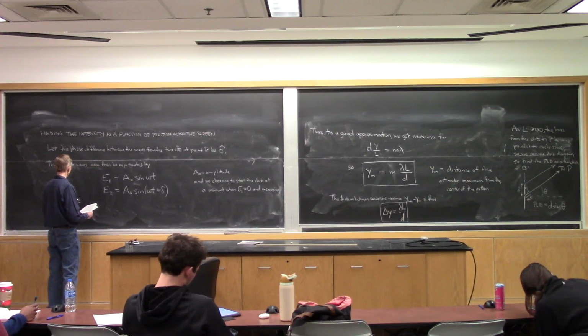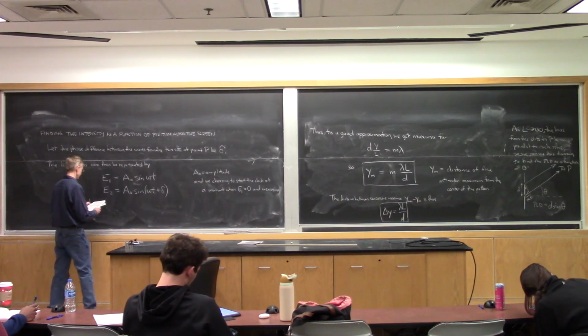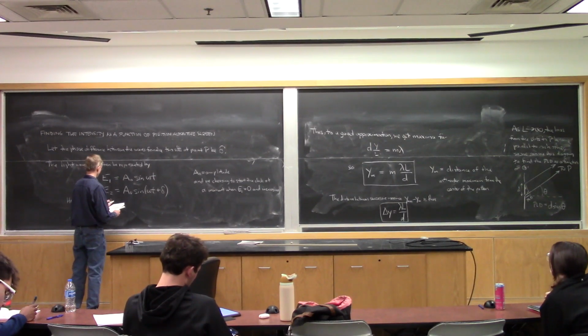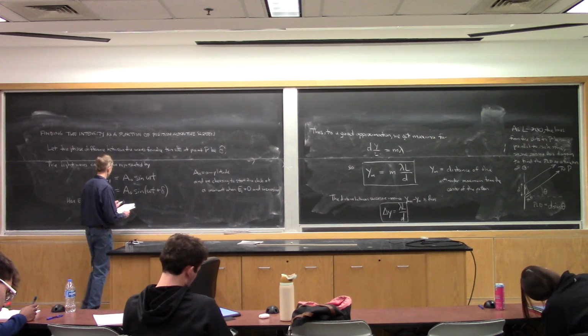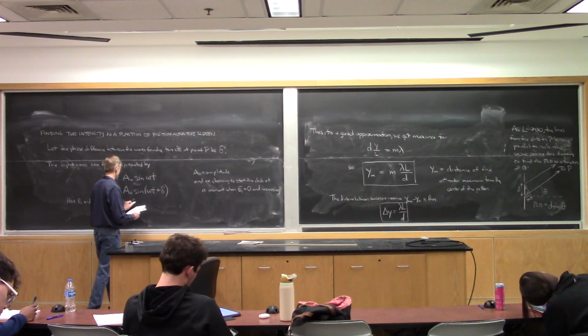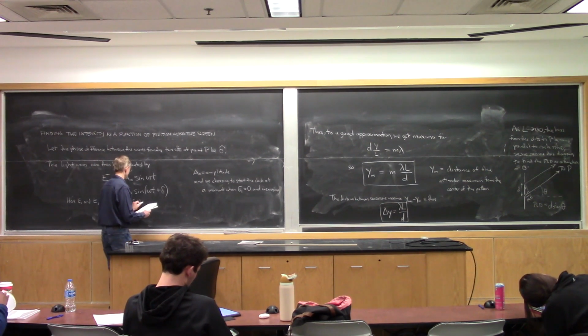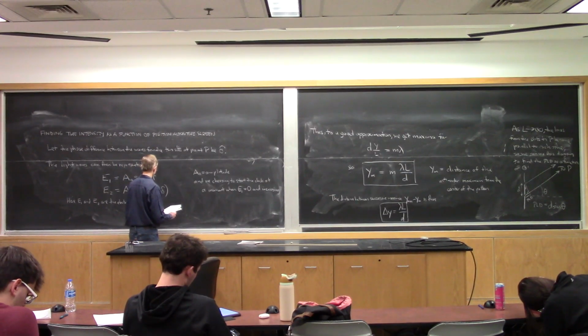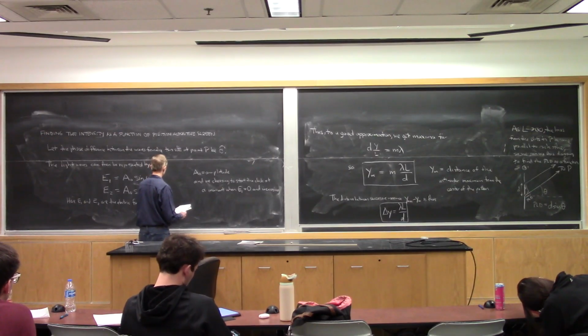So here E1 and E2 are the electric fields of the waves from the two slits.